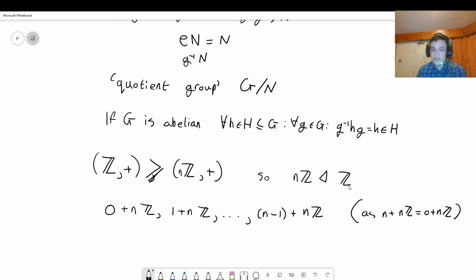And so we can see quite quickly that Z divided by nZ is isomorphic to the integers modulo n. So that's another way in which we can construct them.